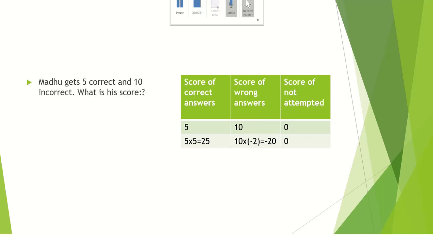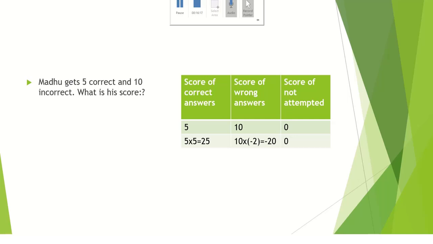And the next question is similar, the same question. Here Madhu gets 5 correct and 10 incorrect. What is his score? Do observe here the same one. Score of correct answers is 5. Score of wrong answers is 10. So score of not attempted, nothing. Why? Because 5 plus 10 is equal to 15. Here score of correct answers, 5 5s are 25.